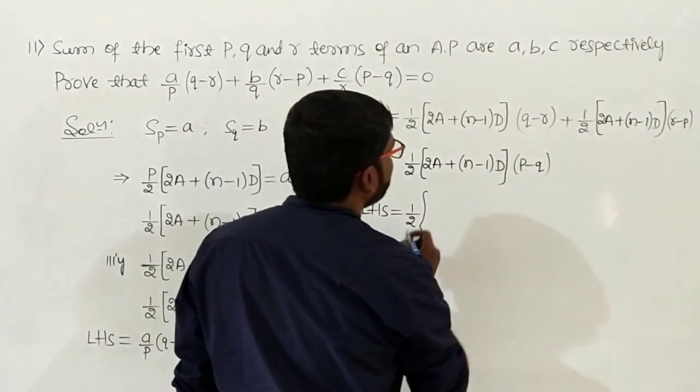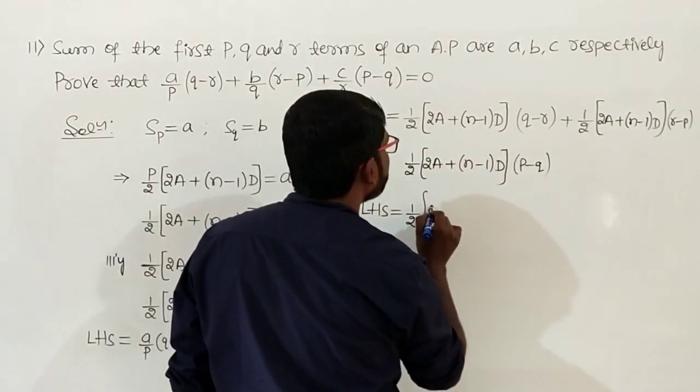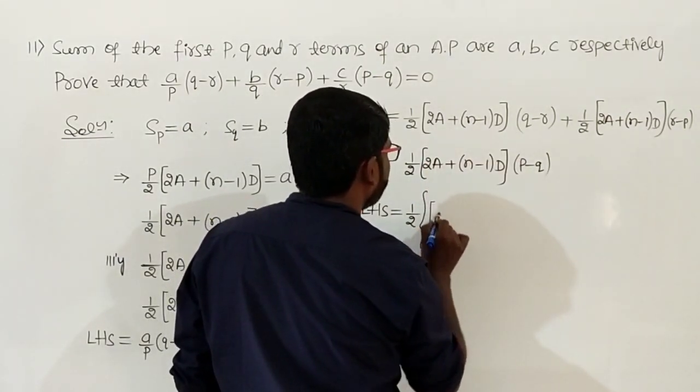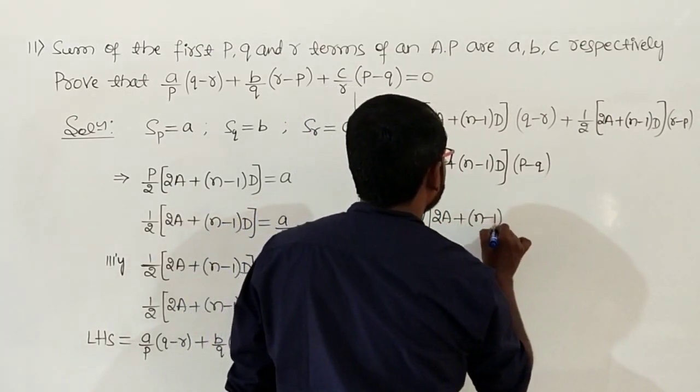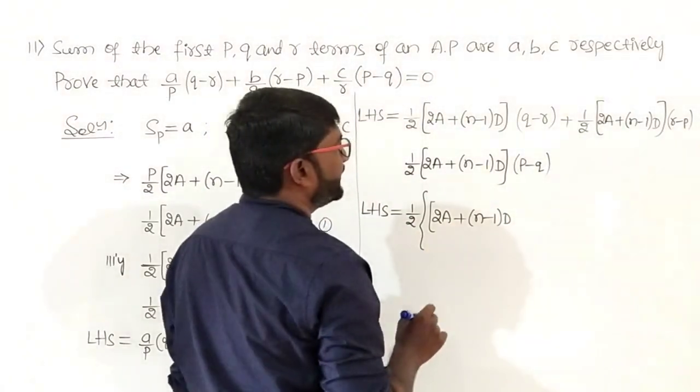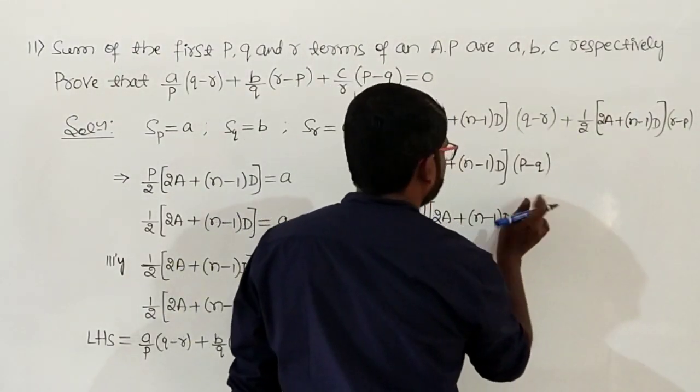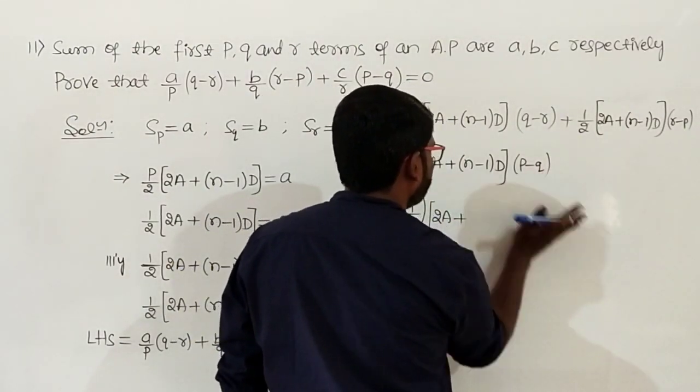1 by 2 outside. Then write the remaining term. It is 2a plus n minus 1 into d, and then we will multiply d with these two terms.